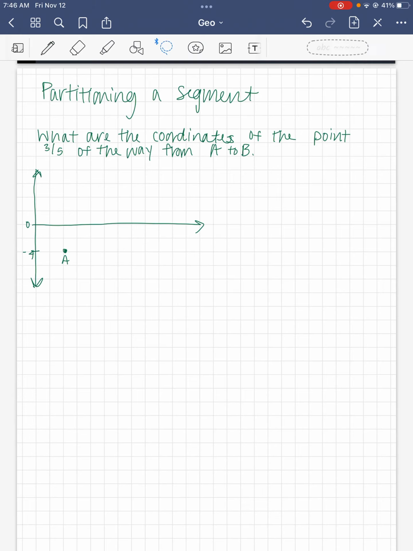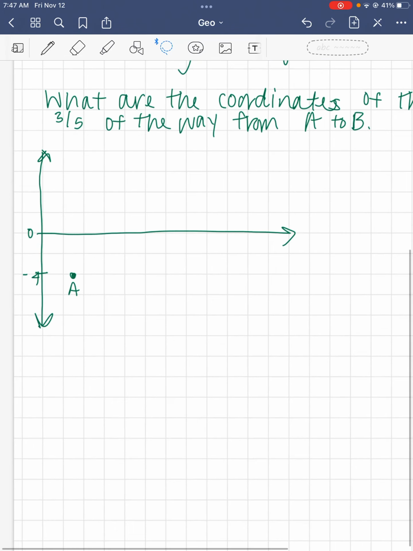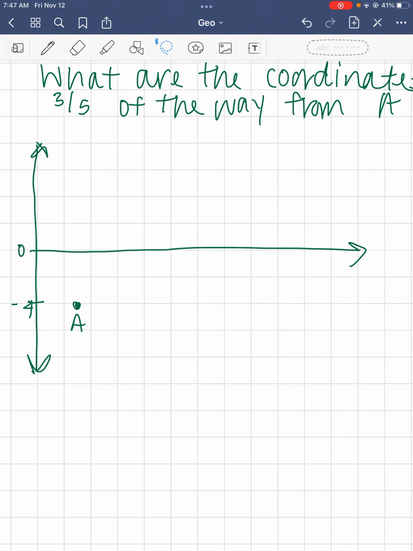Let's actually move this guy over. So each of these little squares represents two units. Here there's two squares between 0 and -4. So that means that this one here is going to be -2, right? And this is going to be 2 as well.